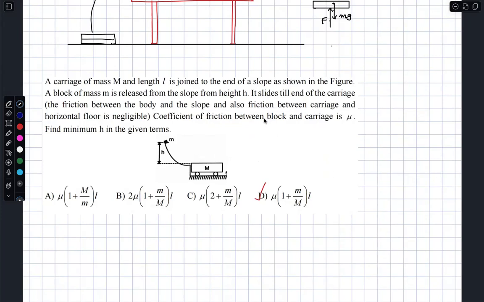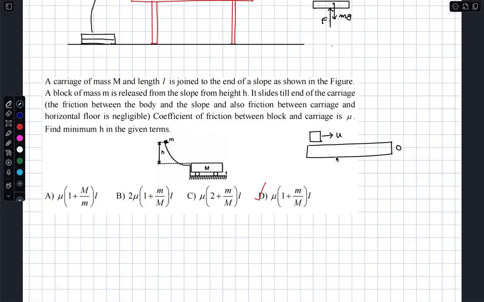Now, what someone should understand is that it is falling. Initially, it has some speed u. Initially, the carriage has zero velocity.